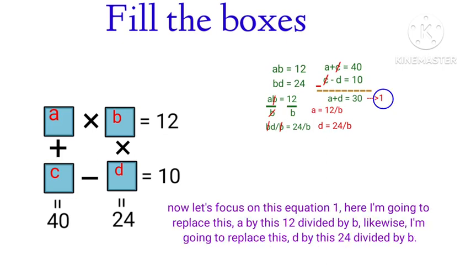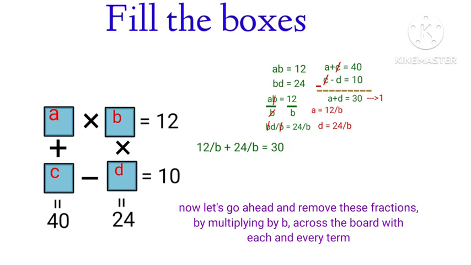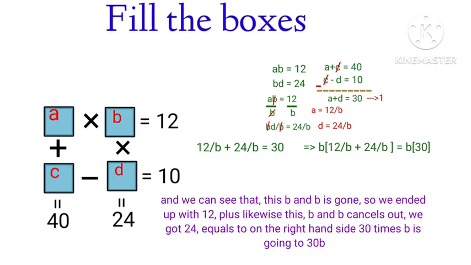Now let's focus on equation 1. Here I am going to replace this A by 12 divided by B. Likewise, I am going to replace this D by 24 divided by B. Now let's remove the fractions by multiplying by B across the board with each and every term. We can see that this B and B are gone.